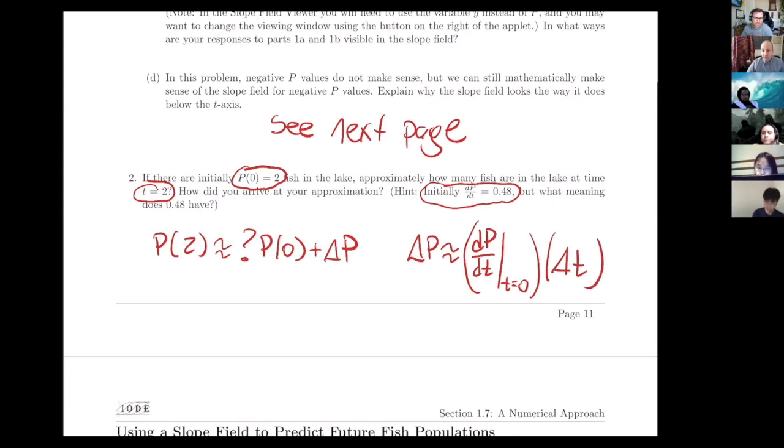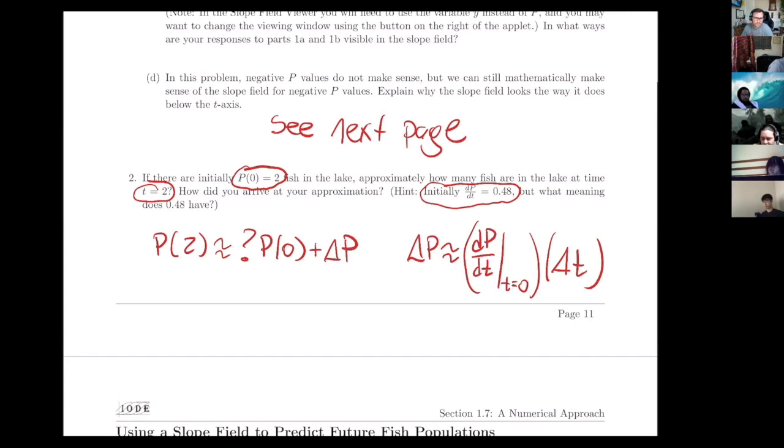Right, so one way that we can interpret the derivative is that it tells us every time you increase the input by 1 unit, approximately how much the output is going to go up. And so if we increase it by 2 units, then we would just approximate the change in P by multiplying the derivative by that 2 unit change.